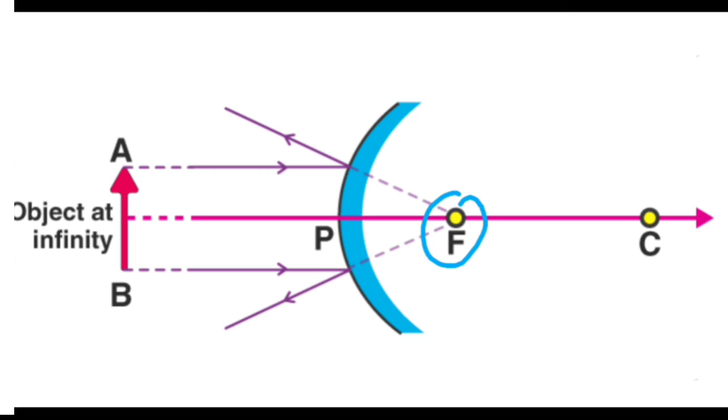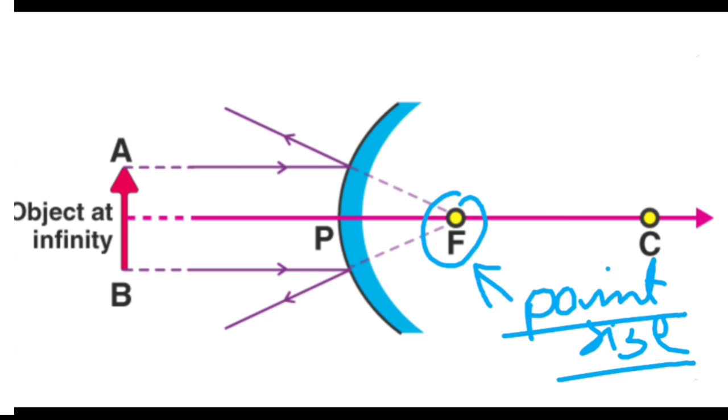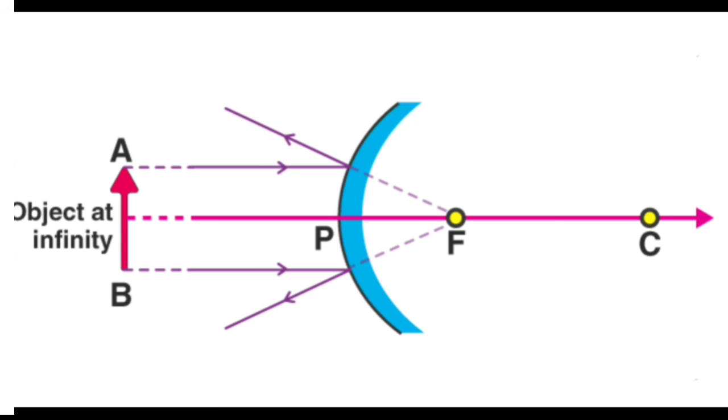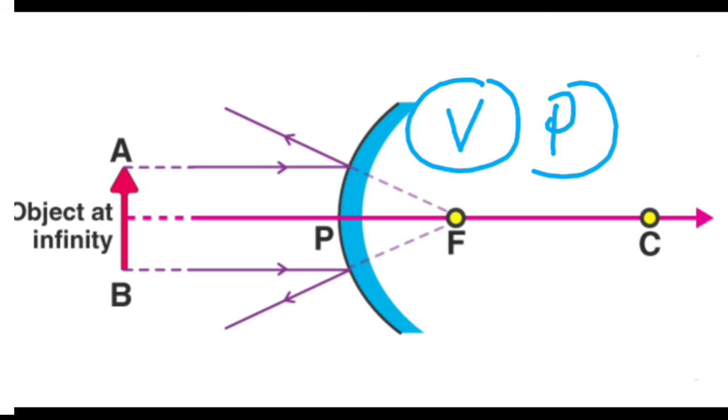So here again it is a point size image, and also because it is forming behind the mirror, it is virtual, point size, and it is erect, okay.